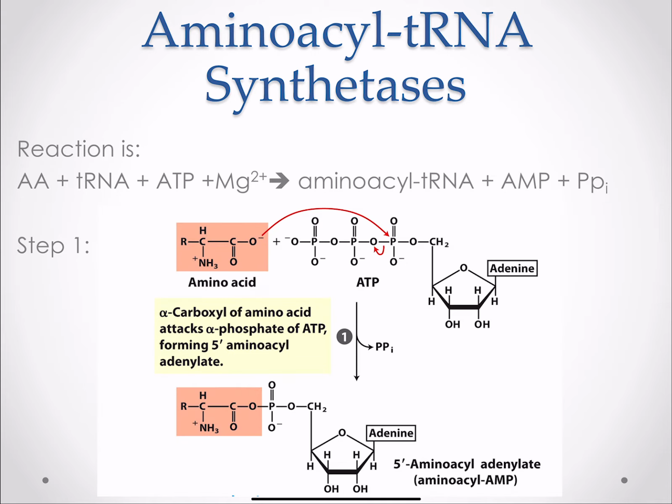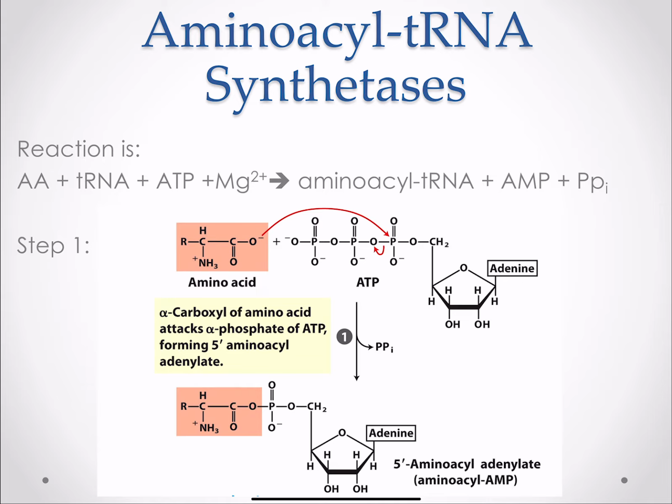So we have our aminoacyl tRNA synthetases, and these are what are going to connect the correct amino acid to the transfer RNAs. We're going to have 2 synthetases that we're going to talk about. They're going to be class 1 and class 2.